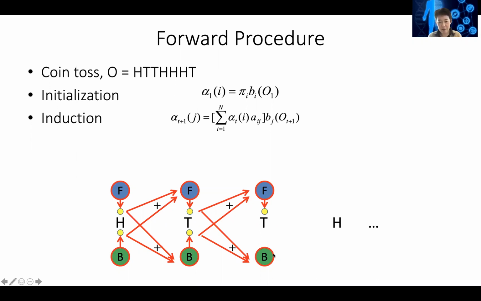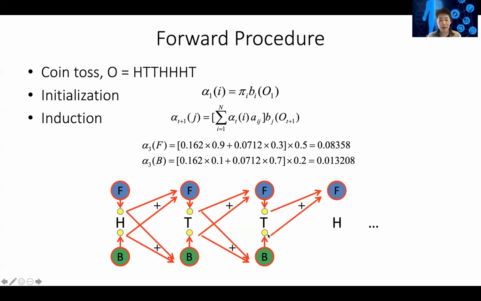You sum them up, and then at this bias coin, you emit the tail. And so you can see here, the calculation is much easier. At every step, we trust that the previous number was calculated correctly, and we just inherit this number to help us calculate the next step, and so on. Same thing here.